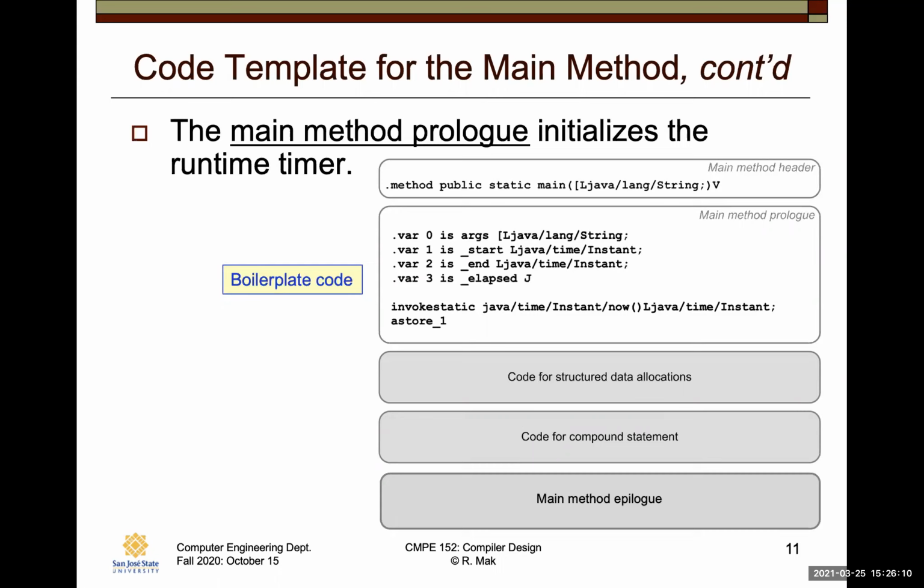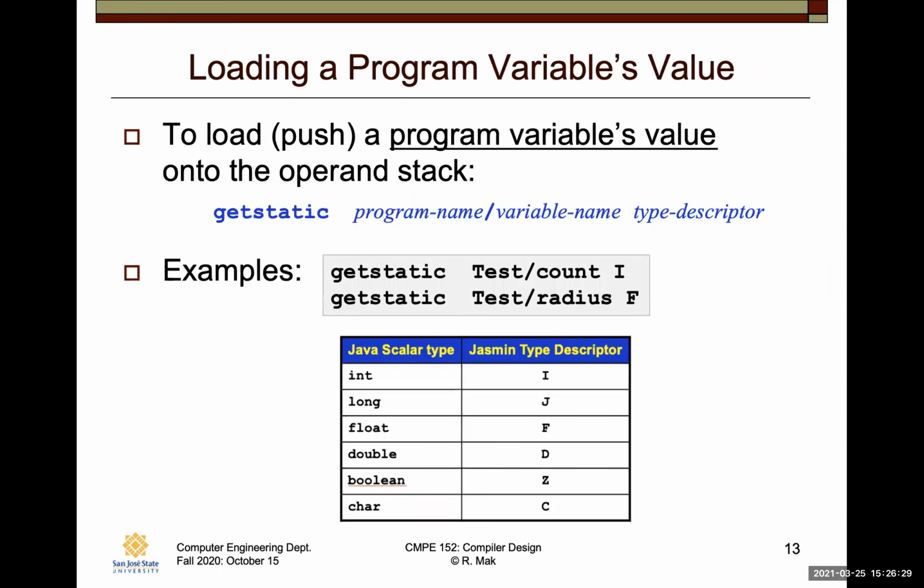Any questions so far? I'm just showing you what we have to emit when we compile a Pascal program into a Jasmine program.